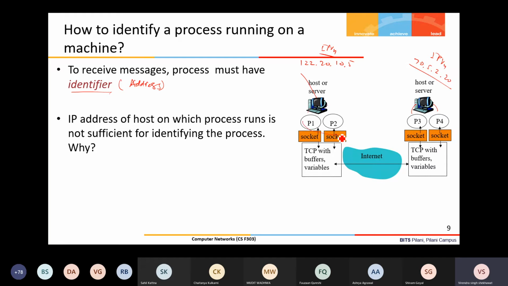Suppose P1 wants to communicate to P3, will the IP address be sufficient? Because the IP address of this machine applies to both processes running here, and here also two processes. P1 needs to specify that it wants to send data to P3, not P4, and P2 says it wants to send data to P4. Although both communications go via the network, when they arrive here there should be some distinguishing factor that says this message is for P3, this message is for P4. Otherwise, it will be a problem.